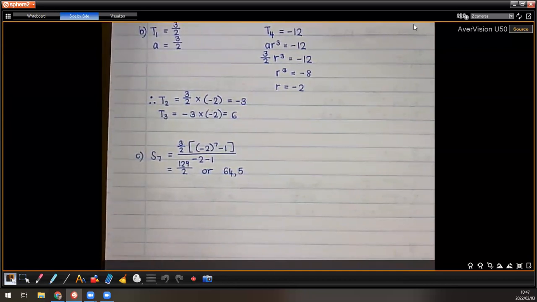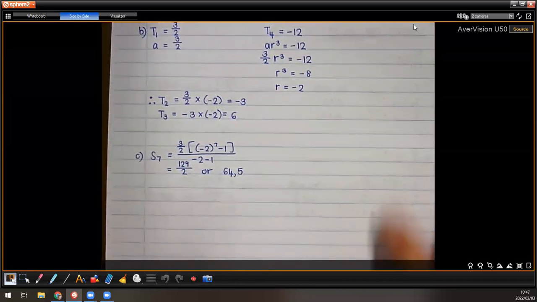Okay, any questions, guys? Moving on now to something new, the last section. So you can write infinite geometric series, that is the new heading.